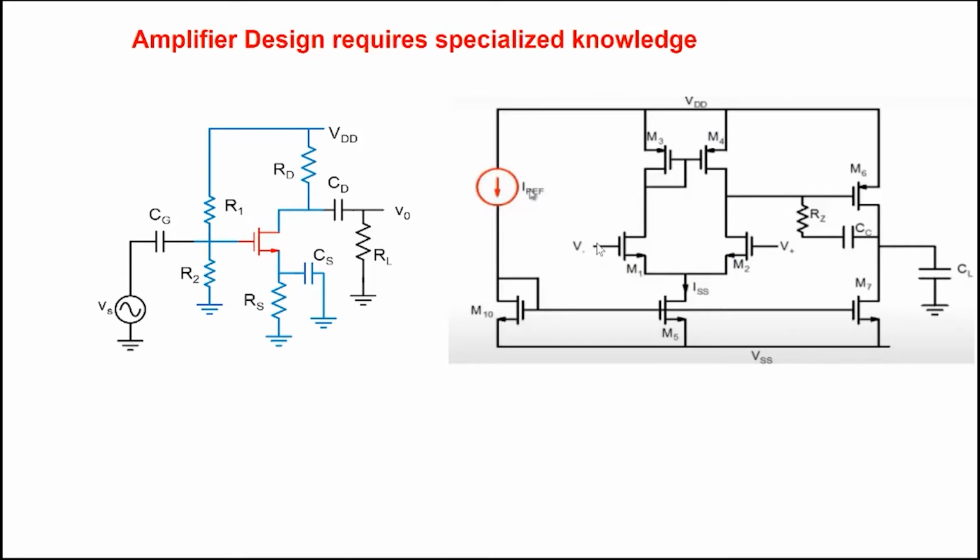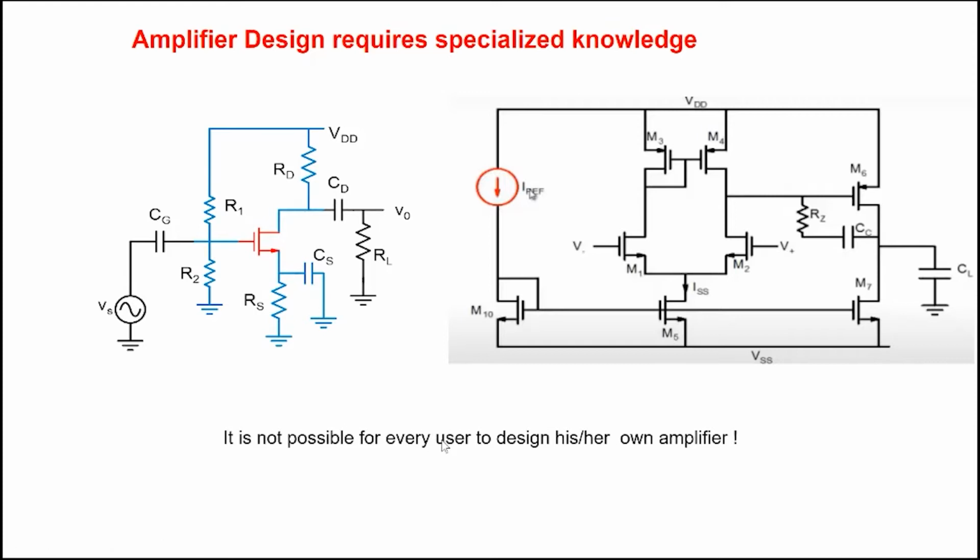So the point is that the design of amplifiers requires a person with significant experience in analog circuits. Therefore, it's not possible for every person who's interested in, let's say, amplifying an electrical signal, to design his or her own amplifier.